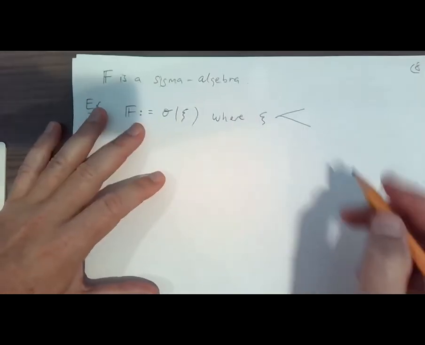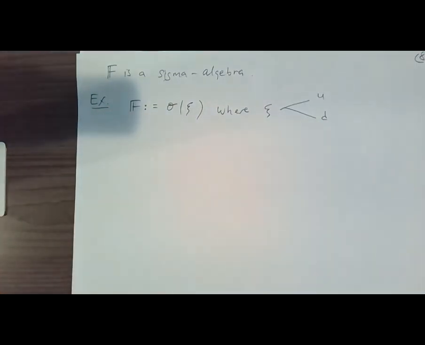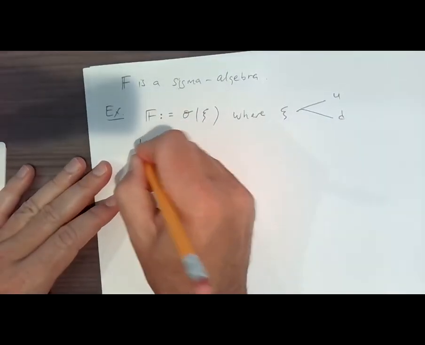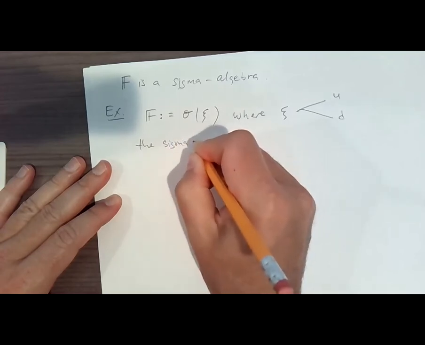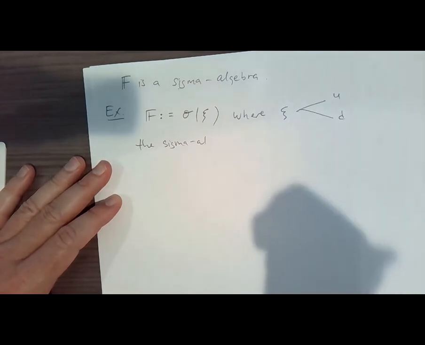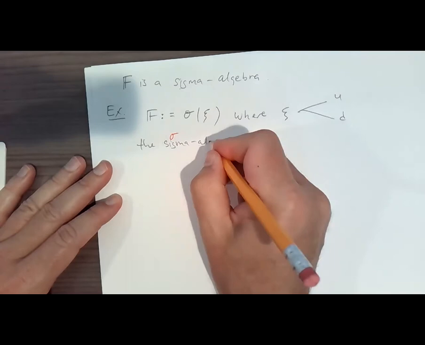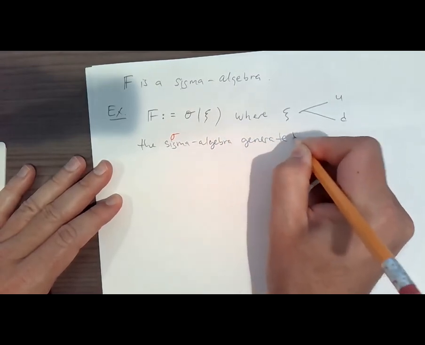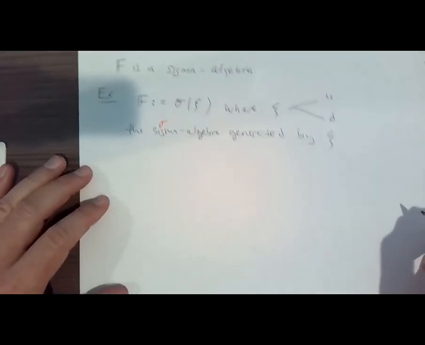This is what we really need. So you can go up to U and D. I'm going to start writing sigma here instead of all the letters. This is just sigma, the sigma algebra generated by psi.